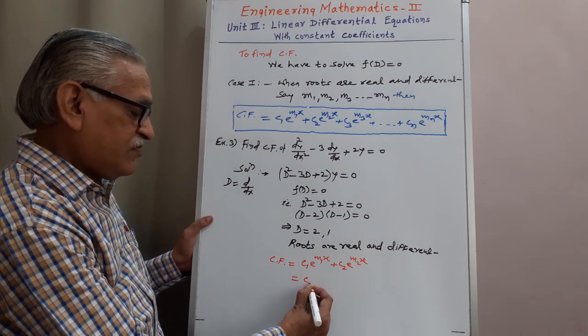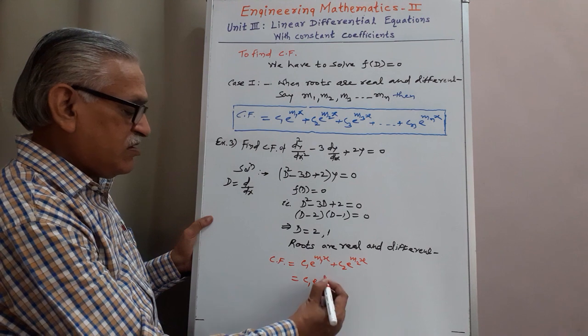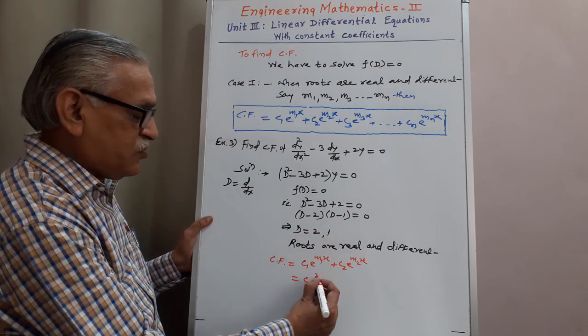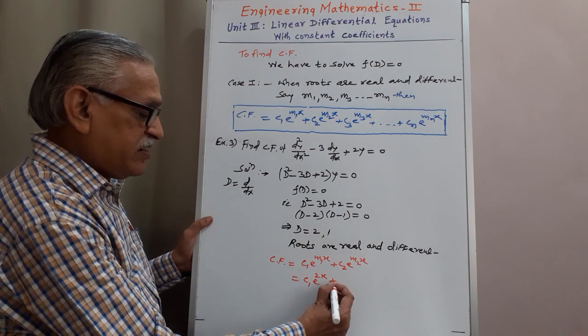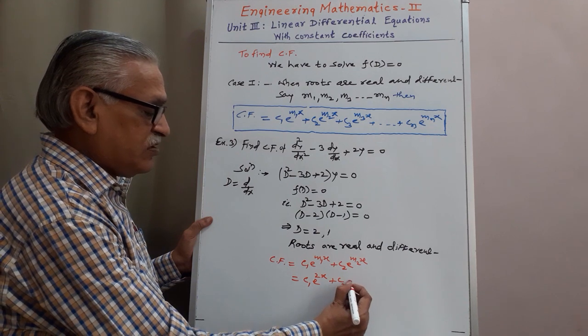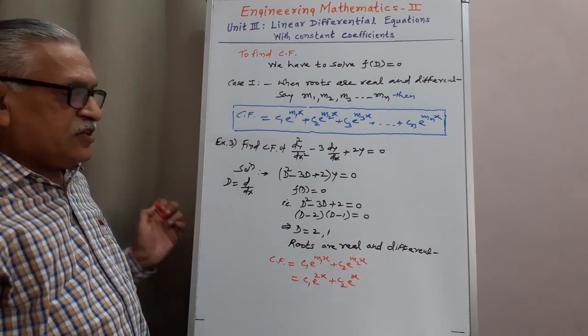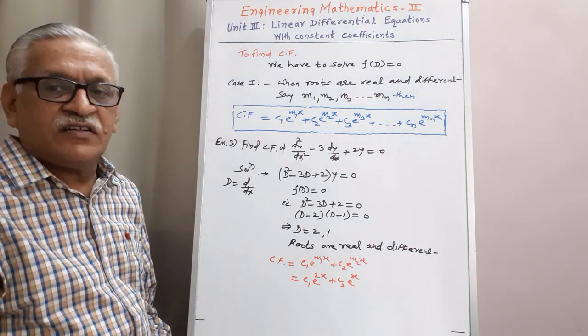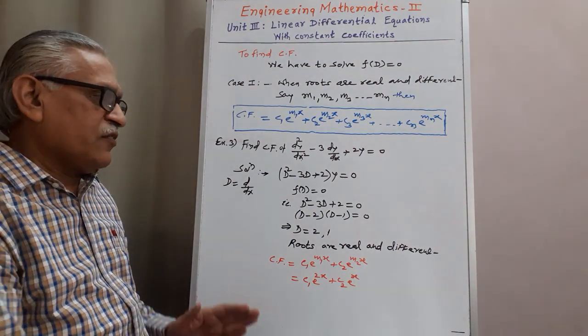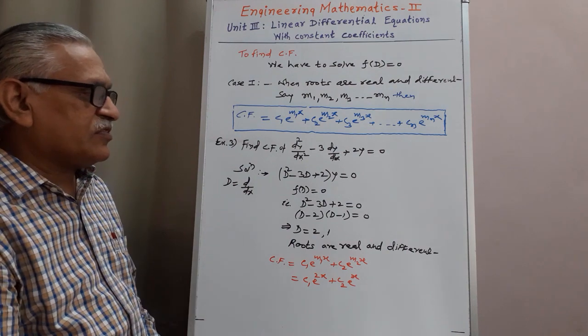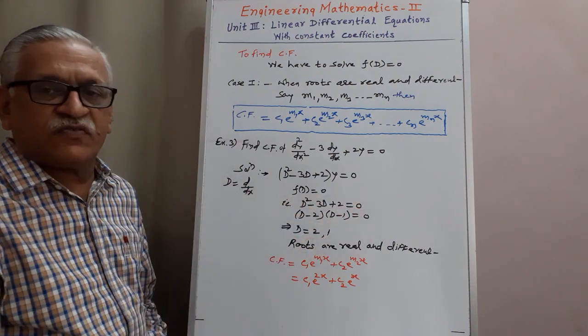Therefore, c1 e raised to 2x, as the first root is 2, and c2 e raised to 1x, that is, e raised to x. This is the required complementary function or the first part of the solution of the given differential equation.